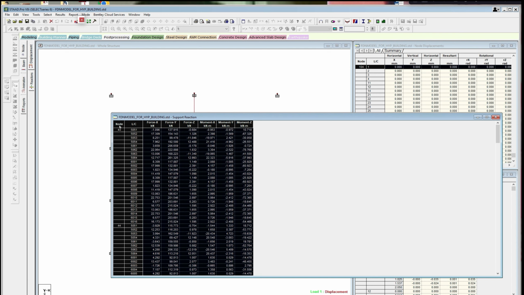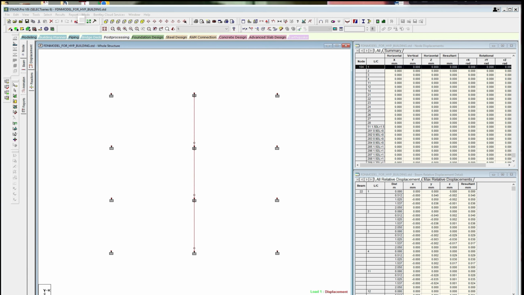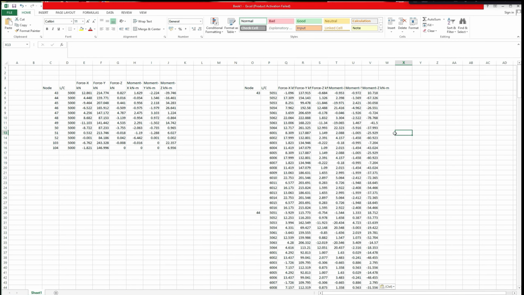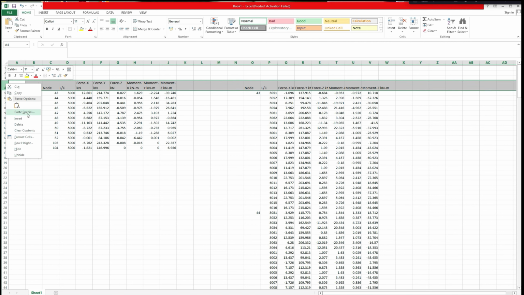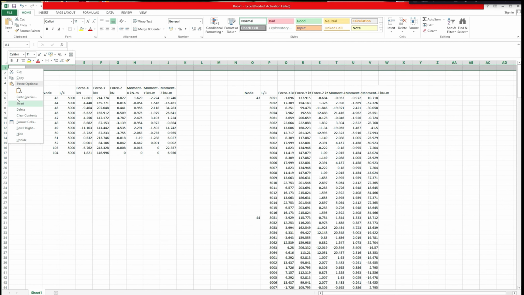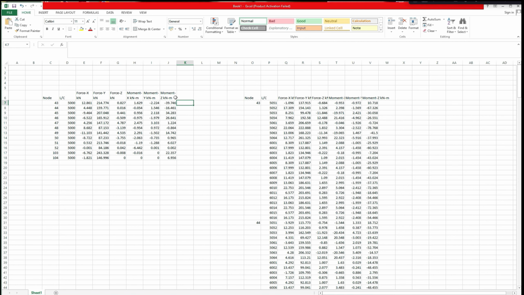So this is our lateral load cases. Now let us assume a footing size.